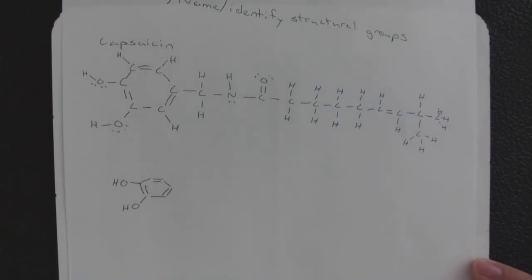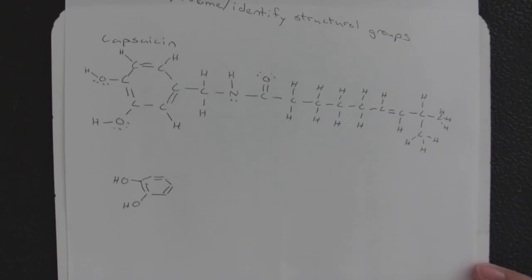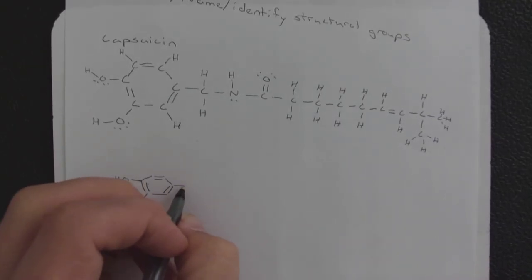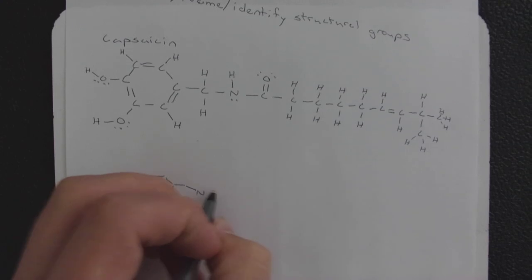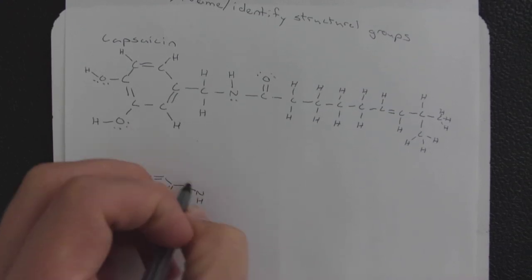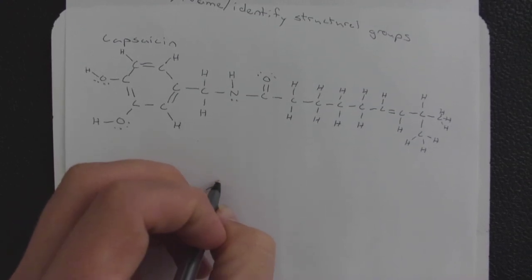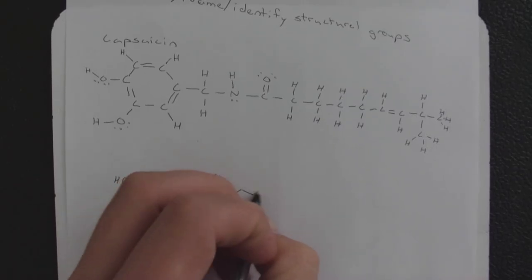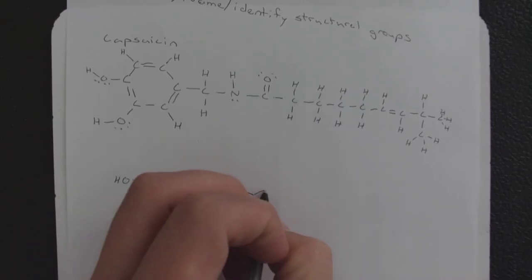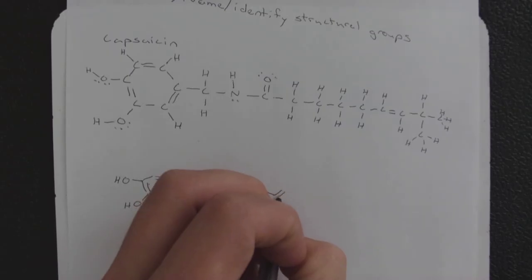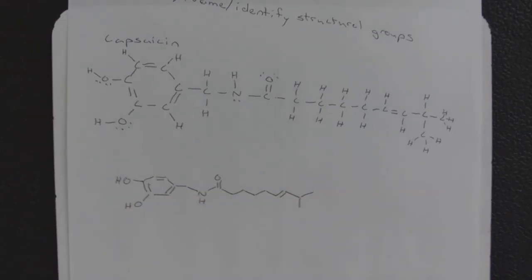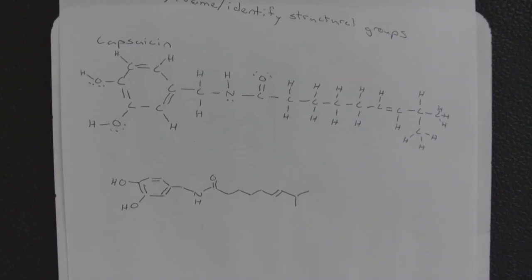They don't have any charges that I need to worry about, so I'm just going to assume, hey, I've got some hydrogens on there. So when I do this now, I end up with something that looks like this. And this is much easier to draw, as you can see.